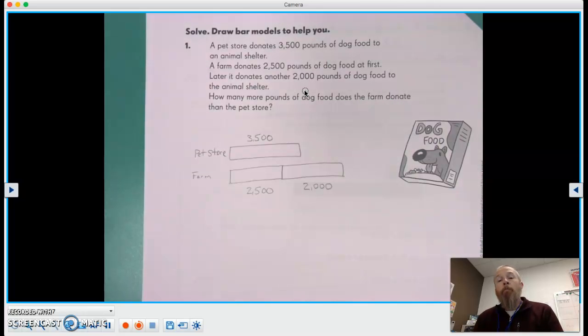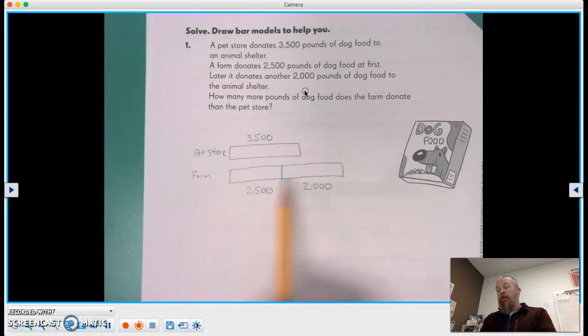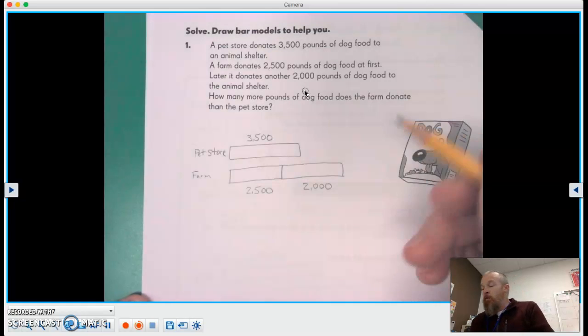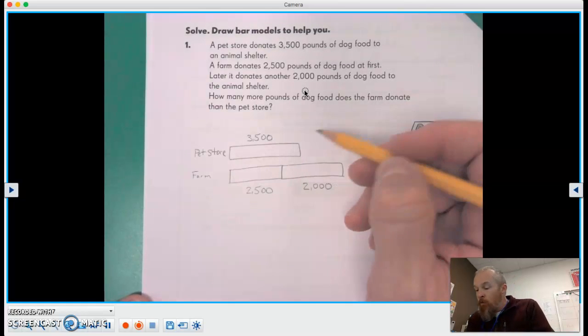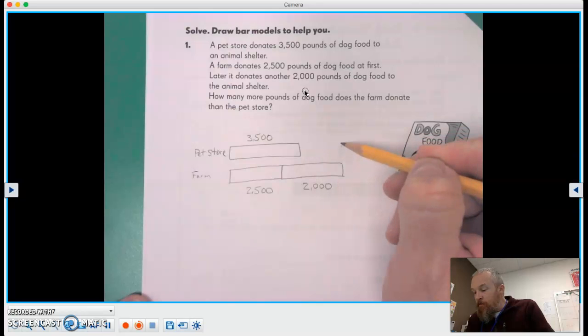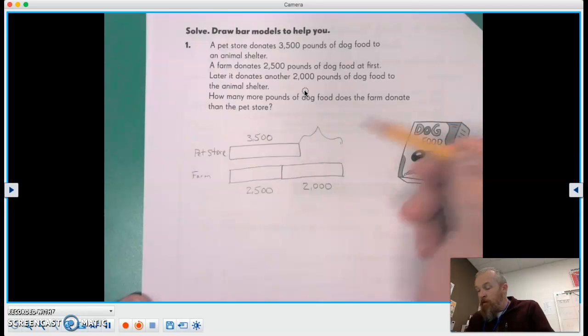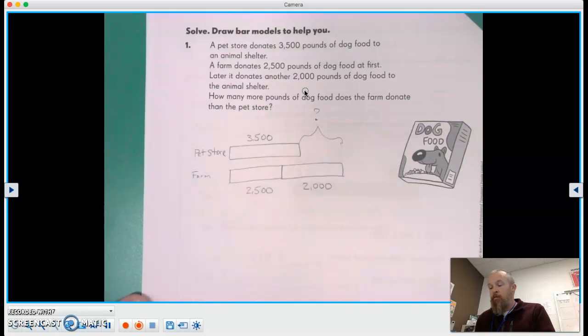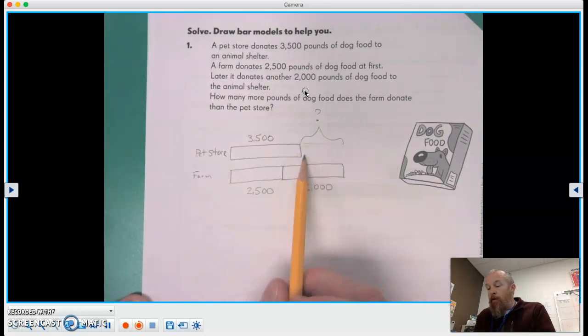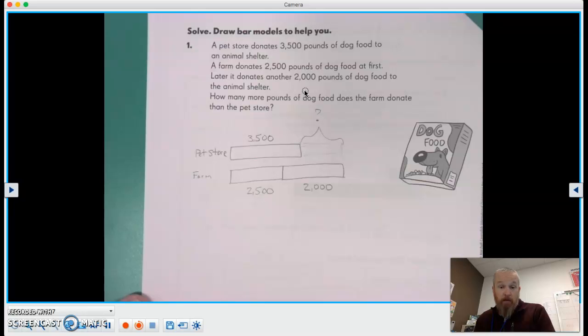How many more pounds of dog food does the farm donate than the pet store? So we know that the farm donates more, but we just don't know how much more, right? So we need to try to figure out what is from here to here. We need to figure this part out, right? So if we had a bar here, how much more would that be, okay?